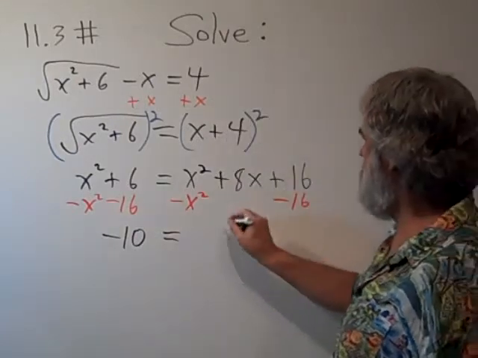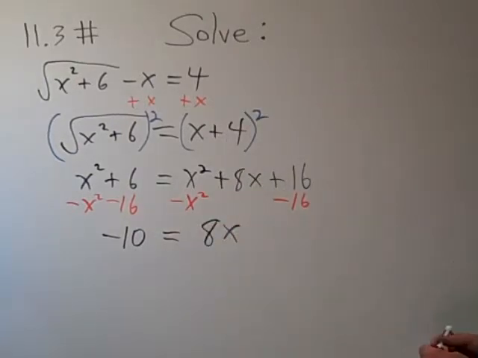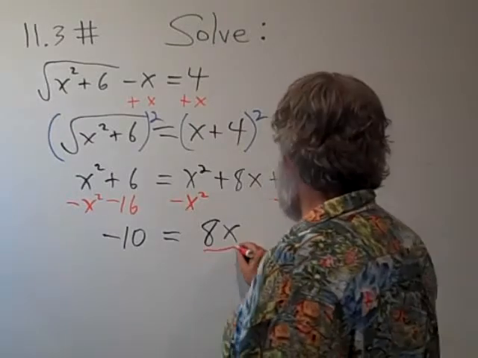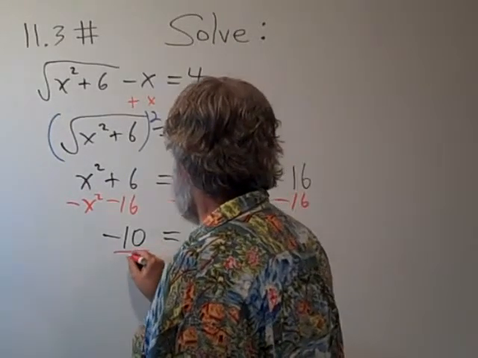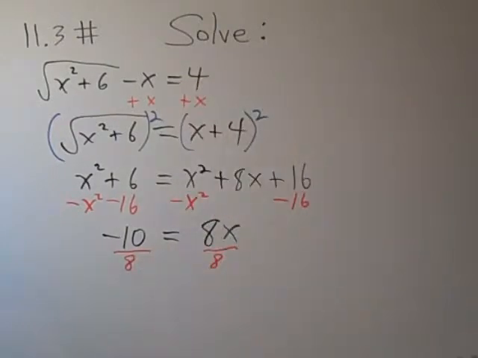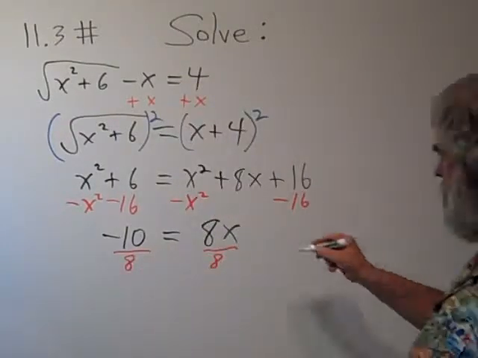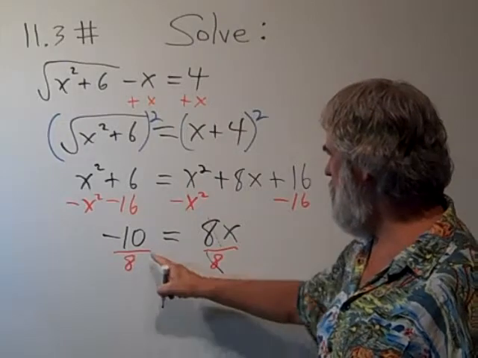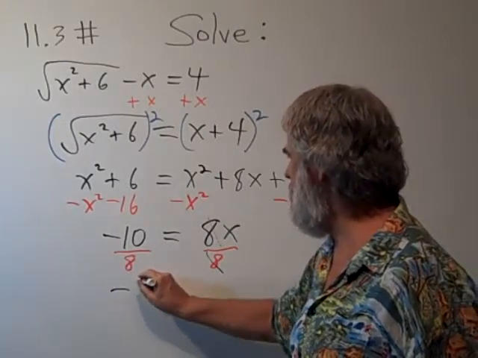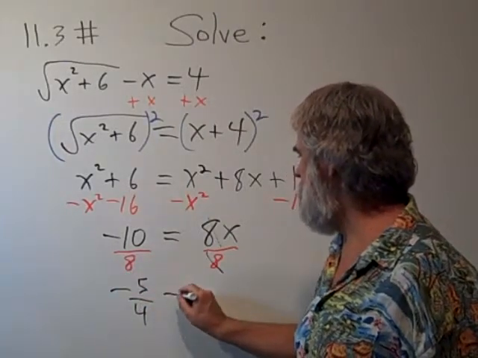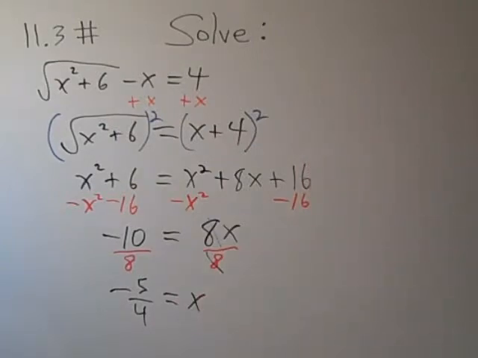On the right side all that's left is 8x. So now if I divide both sides by 8, I will have solved for x. The 8's cancel, and you're left with negative 10/8, which is negative 5/4, is equal to x.